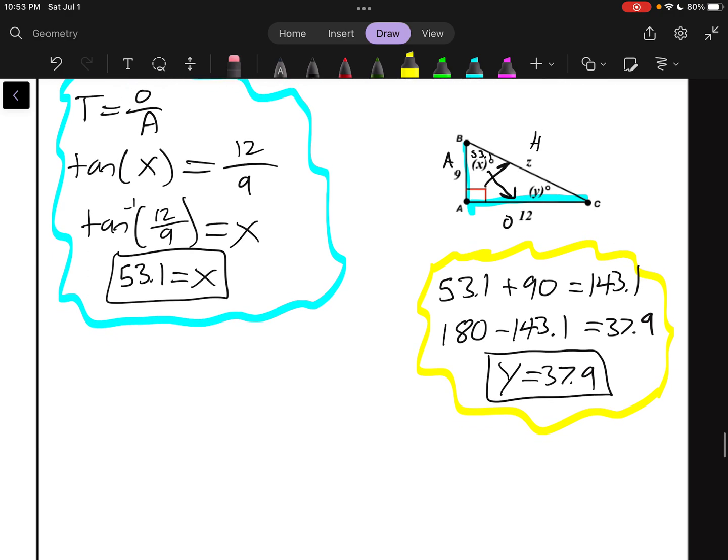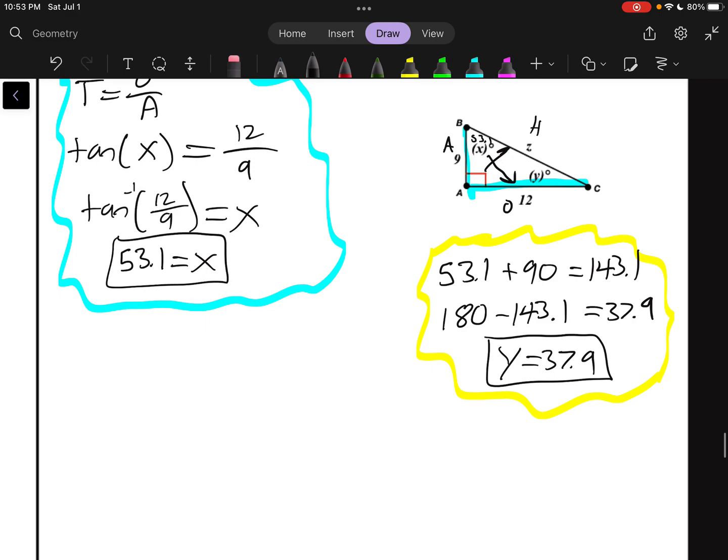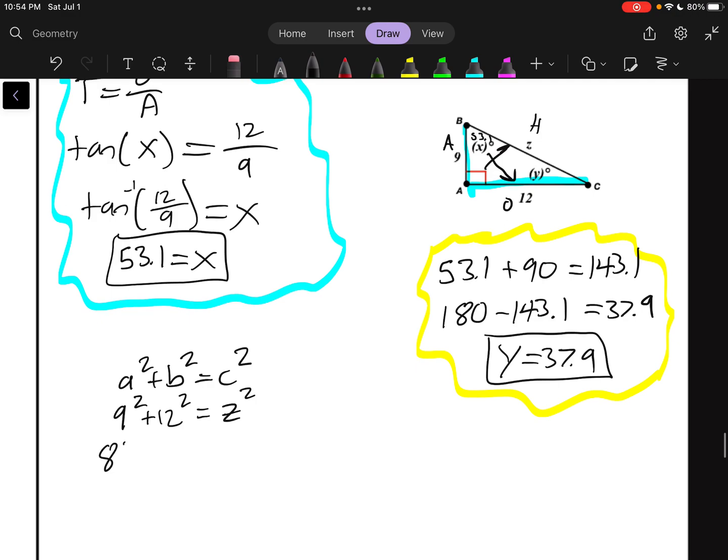Now, lastly, for z, I'm going to do the Pythagorean theorem. A squared plus b squared equals c squared. If I know two sides of a right triangle and I want to know the third one, I always go back to the Pythagorean theorem. This should be 9 squared plus 12 squared equals z squared. 9 squared is 81, 12 squared is 144.